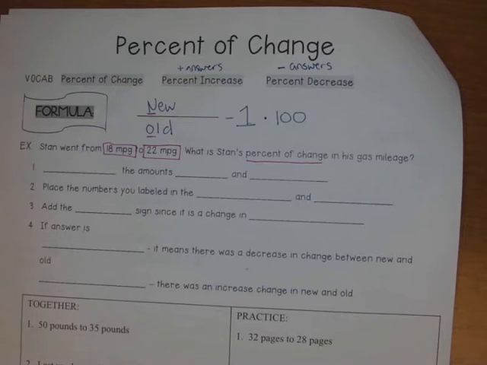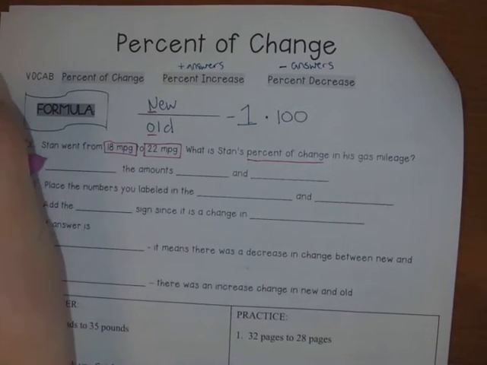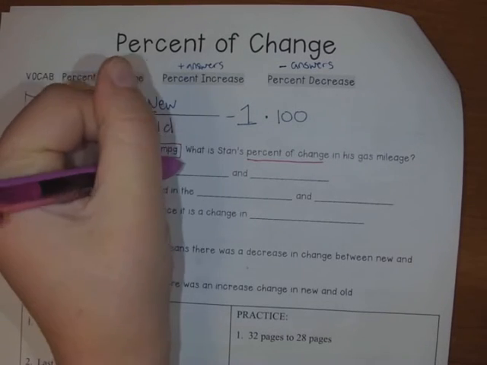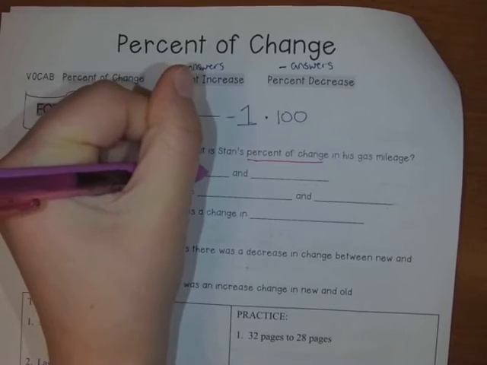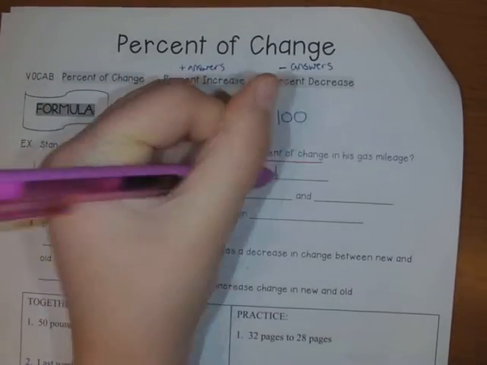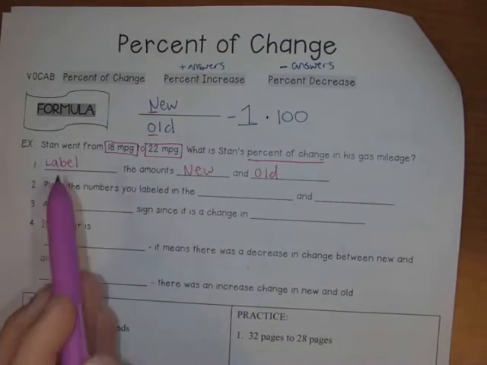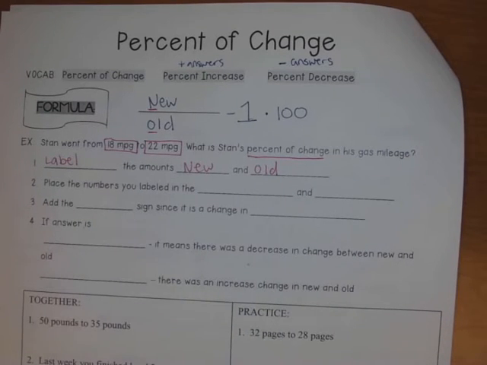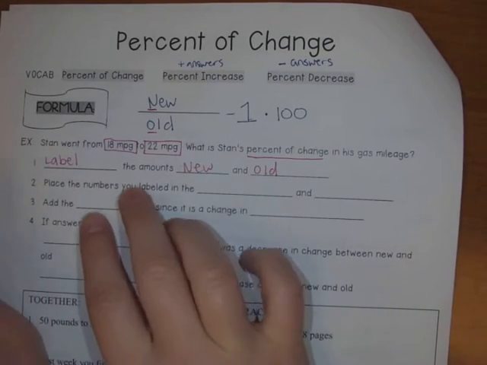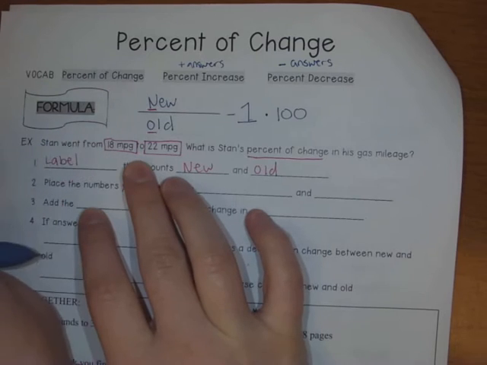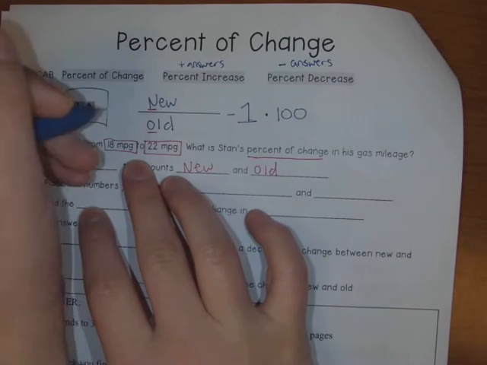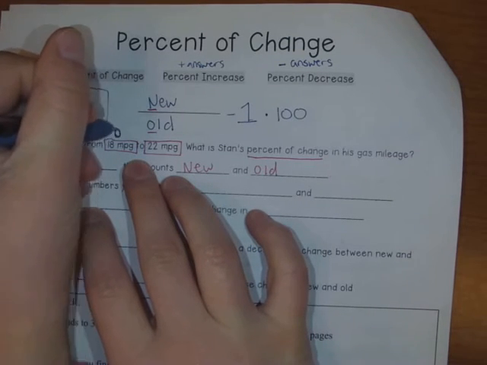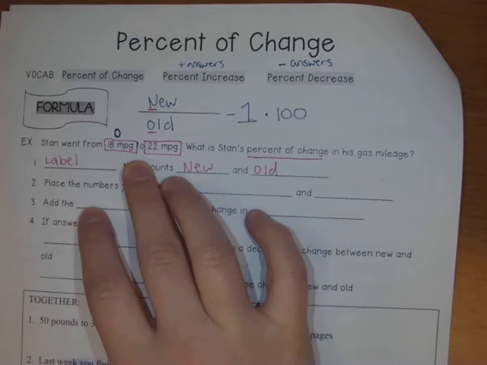Step number 1 is to label the amounts new and old. So you have to decide which one of these is the new one and which one's the old one. In this case, if they went from 18 miles per gallon, that means their old one was 18 miles per gallon.